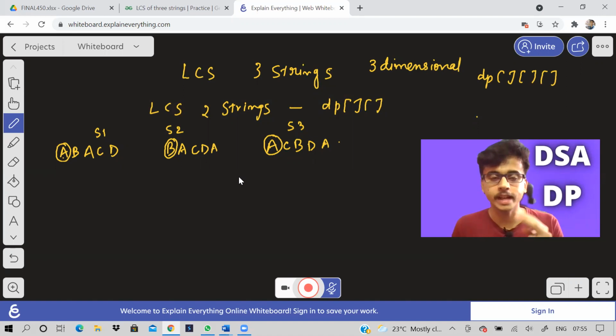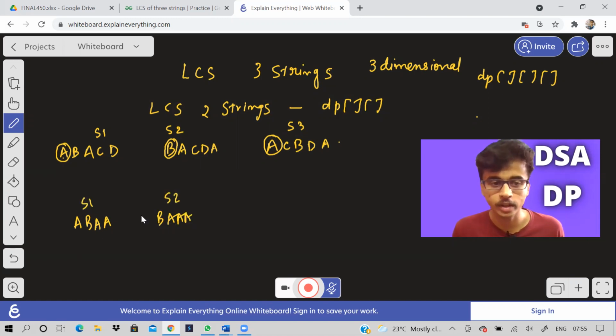What are we doing in LCS of two strings? For example, if these were the two strings, S1 and S2, because the characters at that index are not equal, we were checking for the maximum of LCS of this with LCS of this.